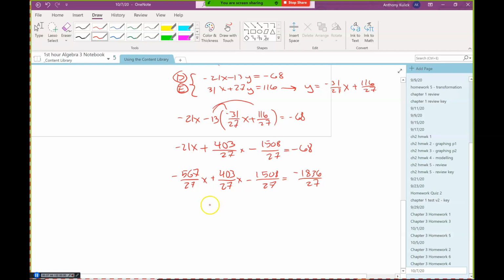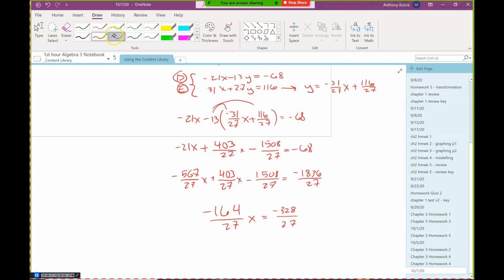Okay. And then we'll combine our like terms. So that's negative 164 over 27 equals, and then I'll add the 1508 over. It's negative 328 over 27.